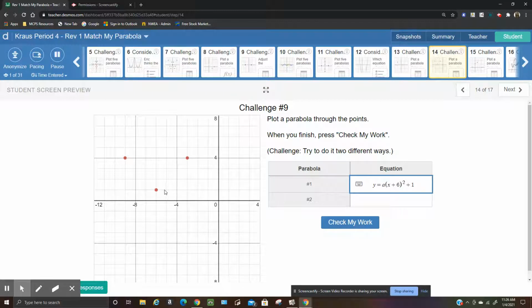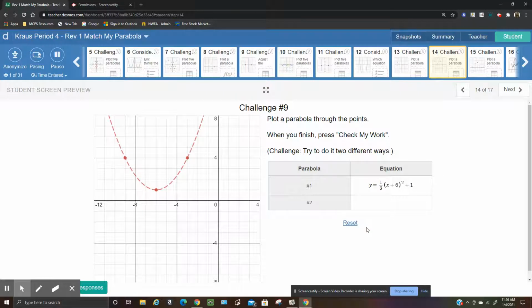And if I go over 1, 2, 3, I want to go up 9, but I only went up 1, 2, 3, so 1/3 of that. Okay.